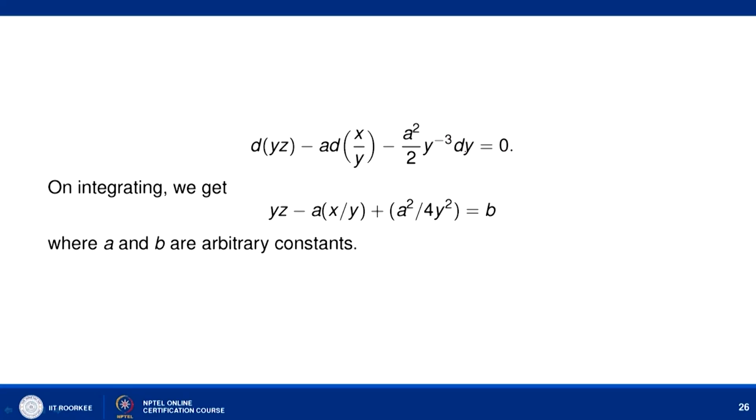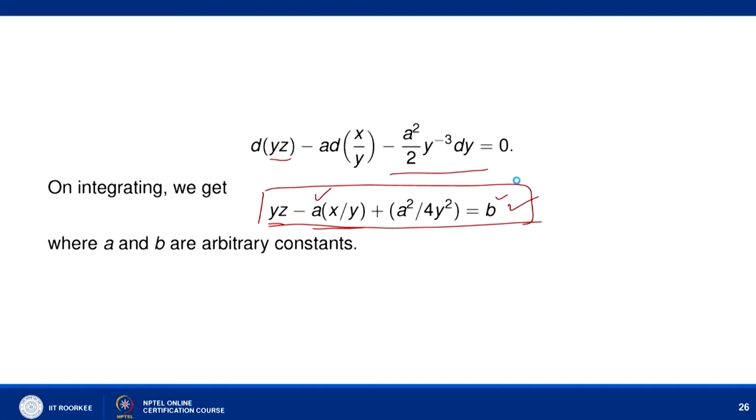Now you integrate. When we integrate, this will be yz, and here it is minus a times x by y, and here we have a square upon 4y square, and then one more integration constant will appear here. So here we have a relation between x, y, z involving two parameters a and b.